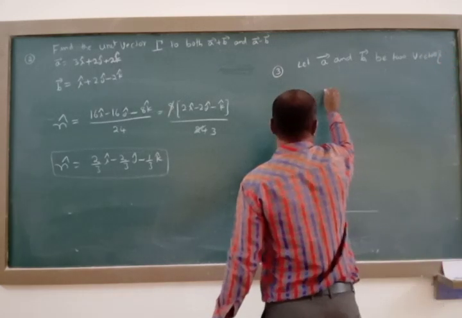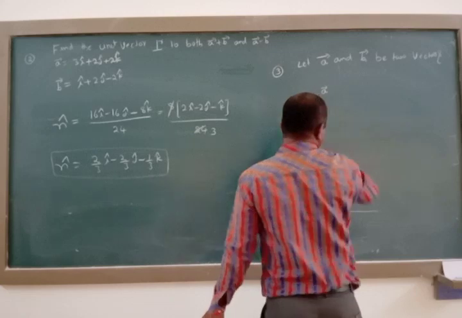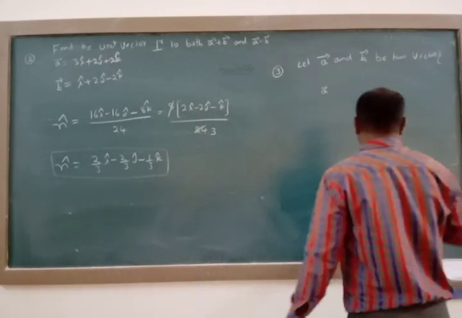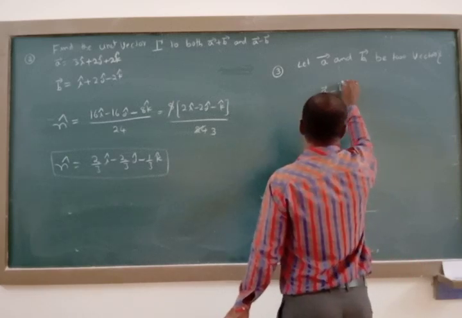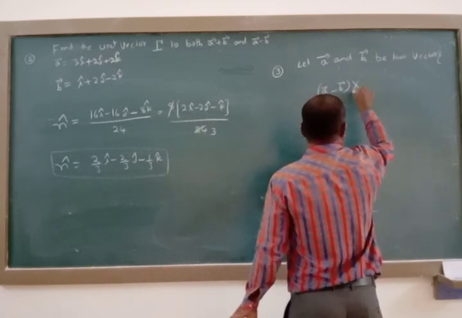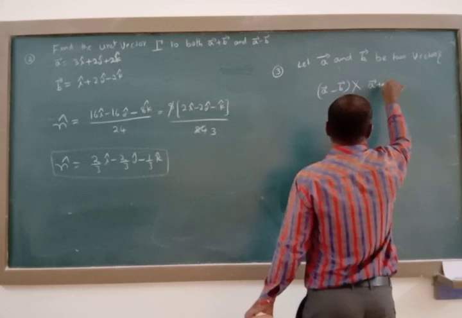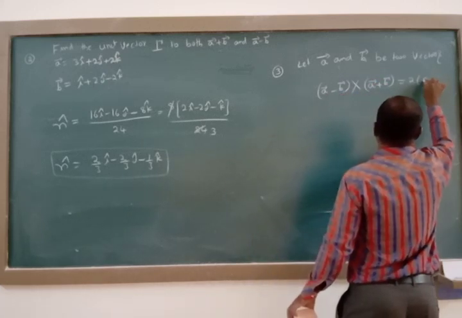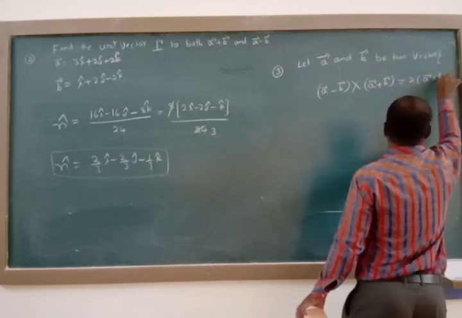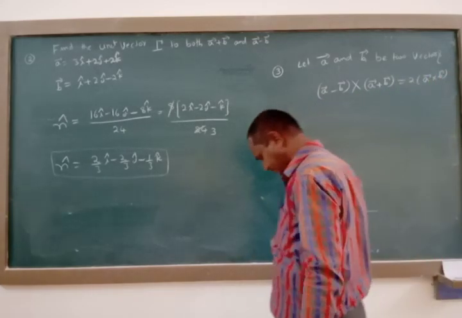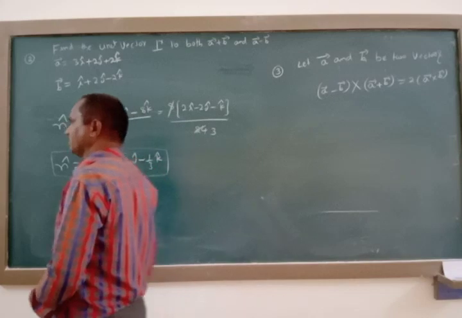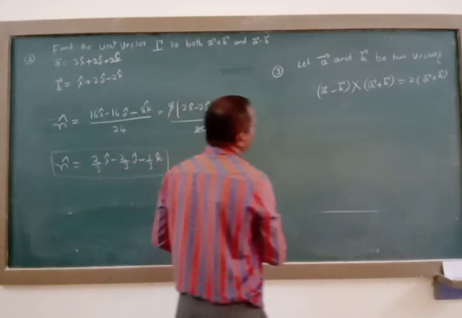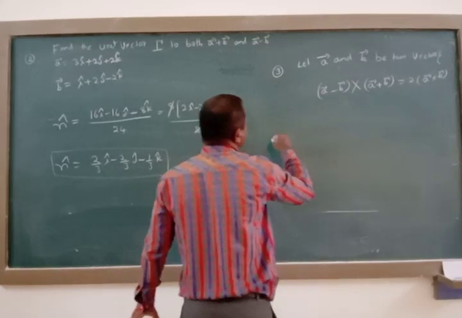Then show that a bar minus b bar cross a bar plus b bar is equal to 2 a bar cross b bar. With the help of this condition, with a bar and b bar being two vectors, we must get that RHS part.